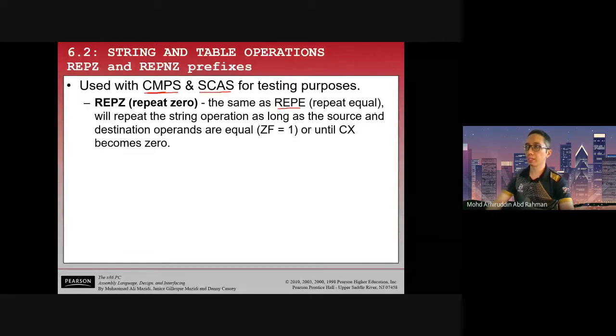The meaning is that it will repeat the string operation as long as the source and destination operands are equal. When we do the compare, if destination and source are similar, the zero flag will be 1, so it will do the repetition, or until CX becomes 0.